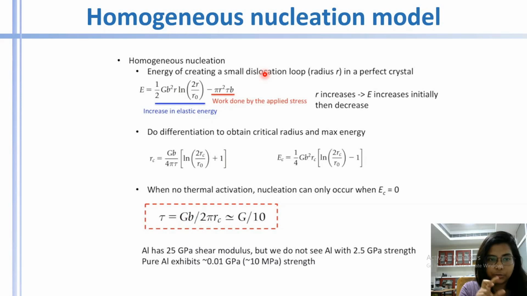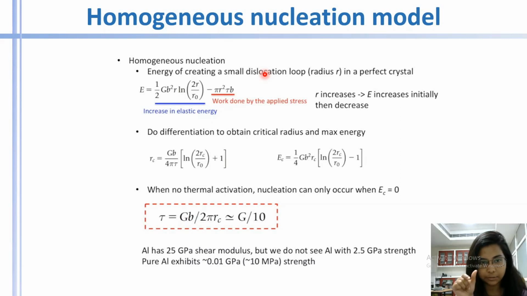This equation has two parts. The first part is 1/2 Gb² r ln, which means in the first part we have r and 2r in the log part.